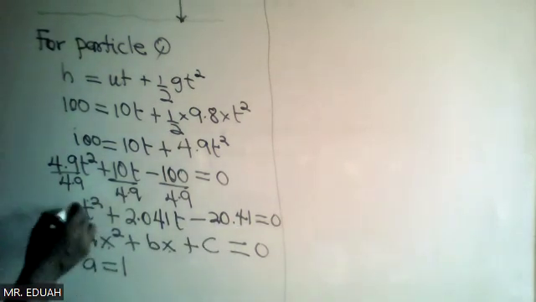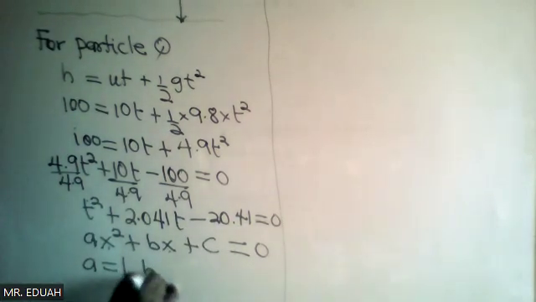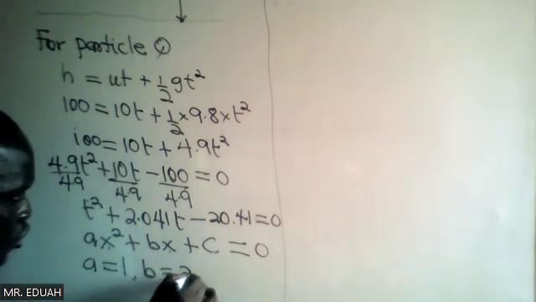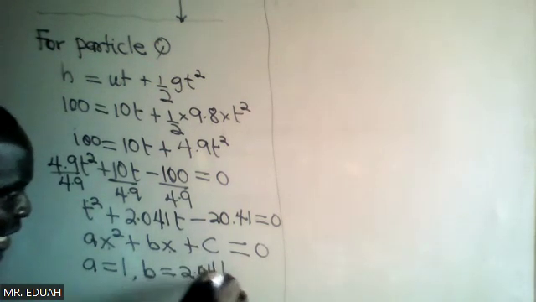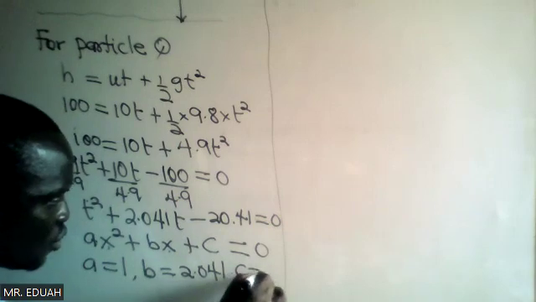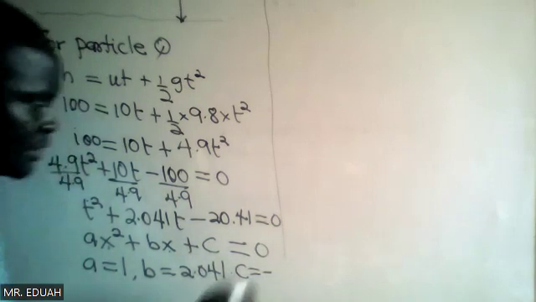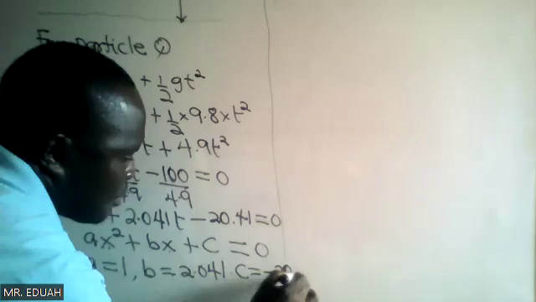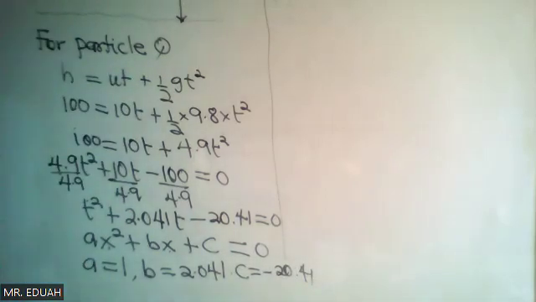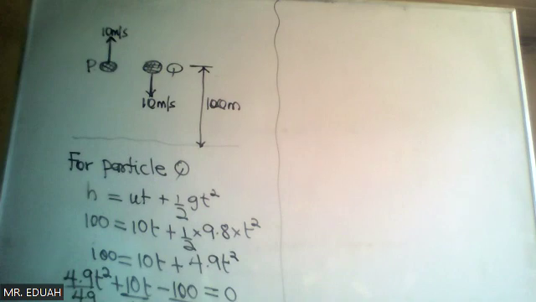So a is equal to 1, b is equal to 2.041, and c is equal to minus 20.41. So let's use the almighty quadratic equation formula to solve for t.